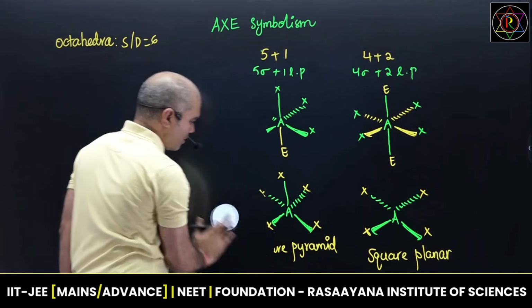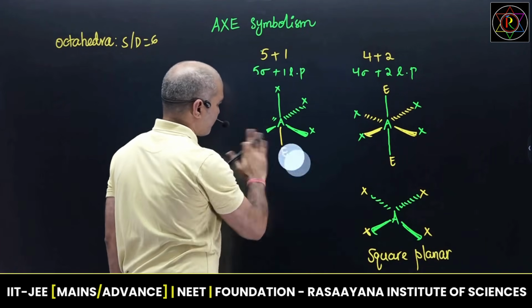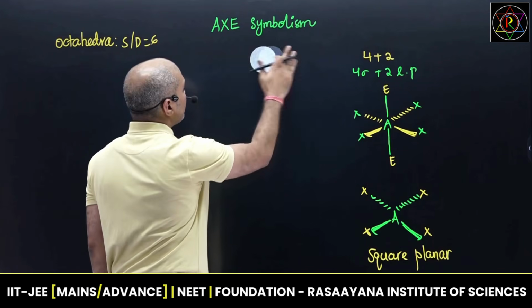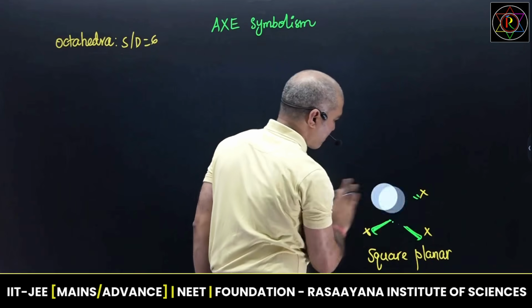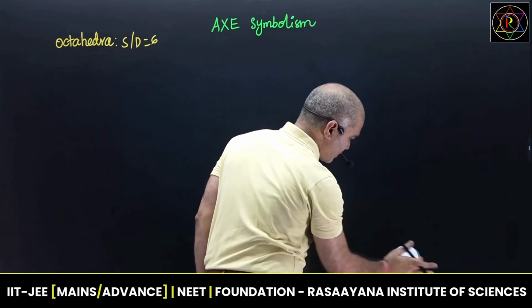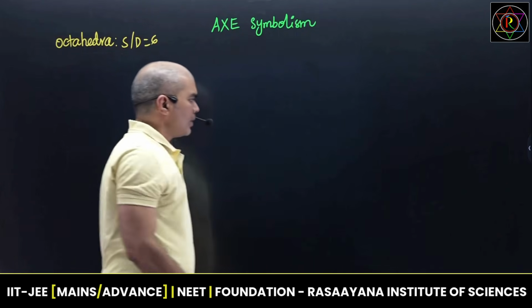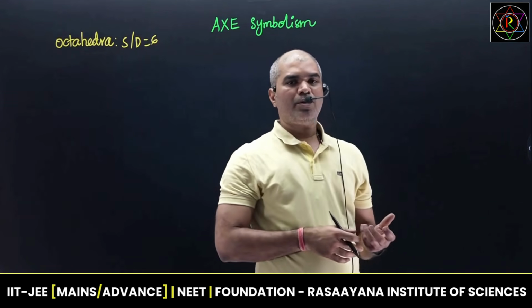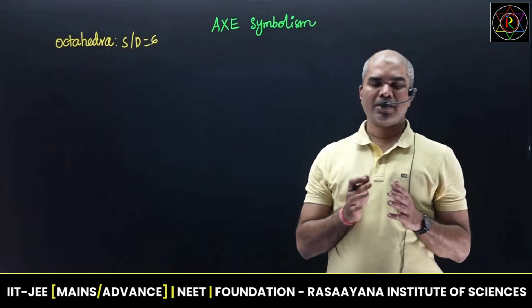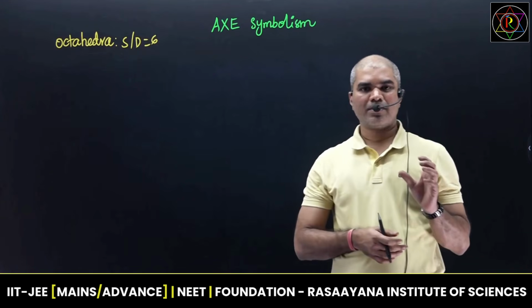This is about the geometries. Now the next part that you should understand is how to get the geometry of a given molecule. To get the geometry of a given molecule, you must have some basics about valence electrons.